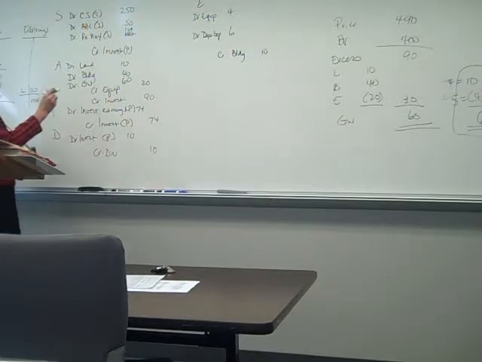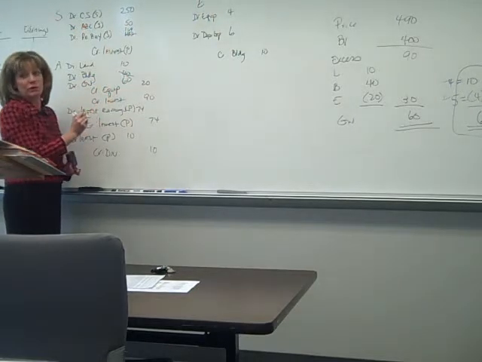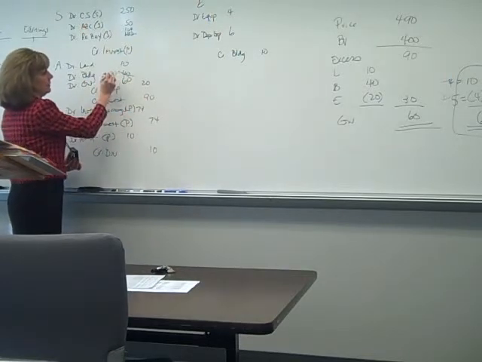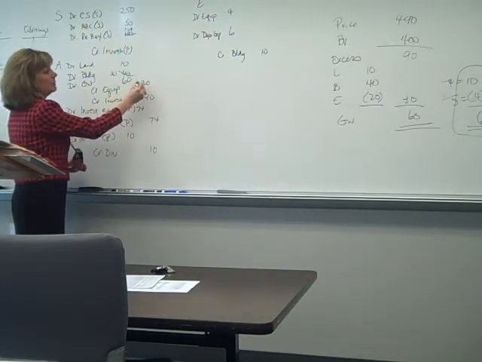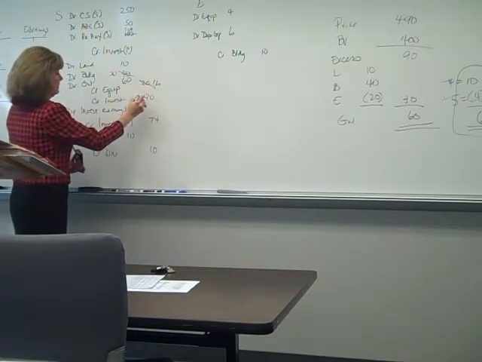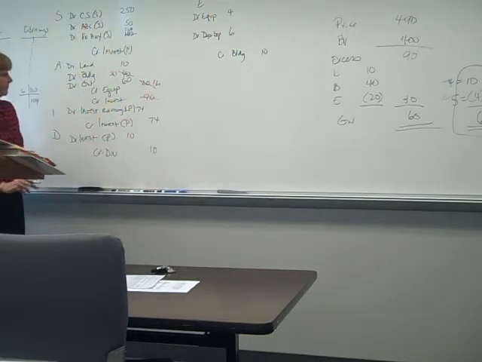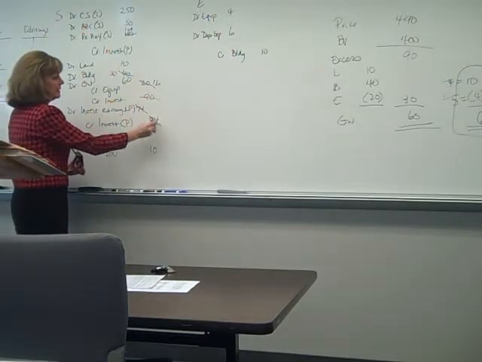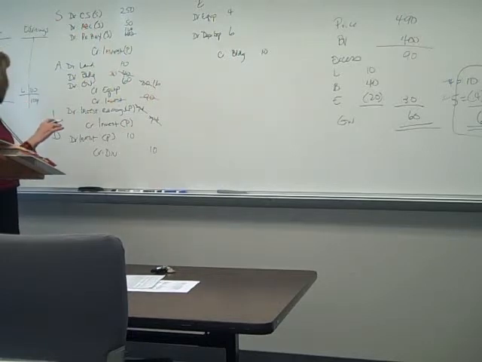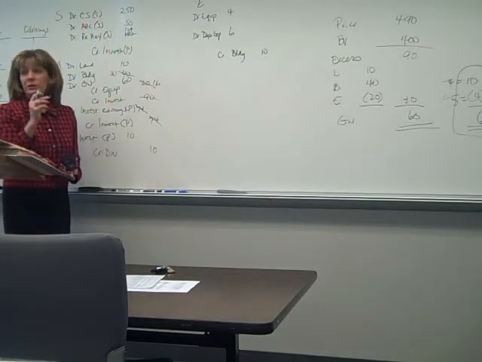What I do want you to know is that a year later, that is no longer 40. It's 40 minus 10, which is 30. Your equipment is no longer 20, it's 20 minus 4, which is 16. So that changes. Your investment earnings is not 74, it's the 110 minus the amortization for the year, which is 6, which is 104.